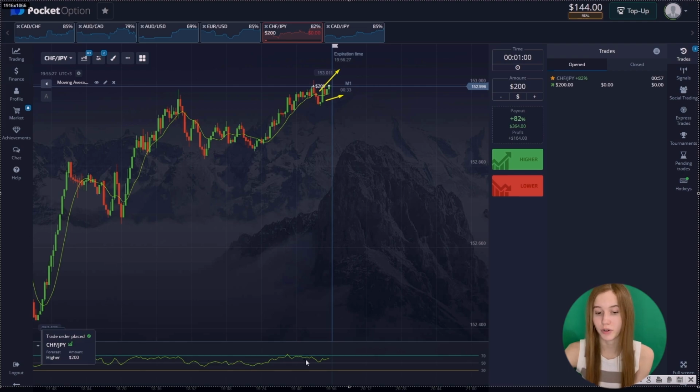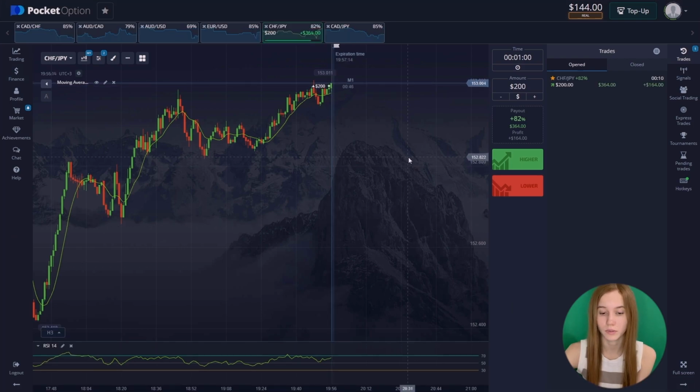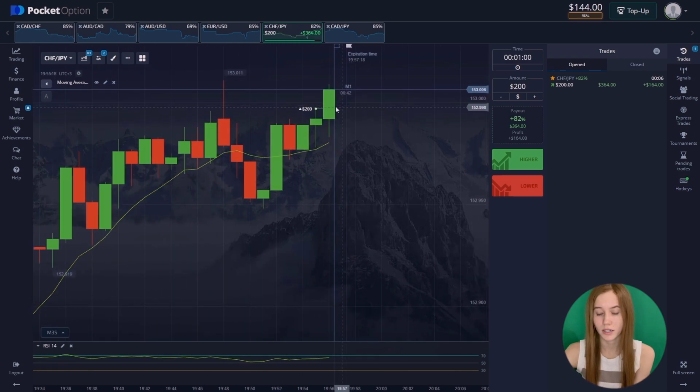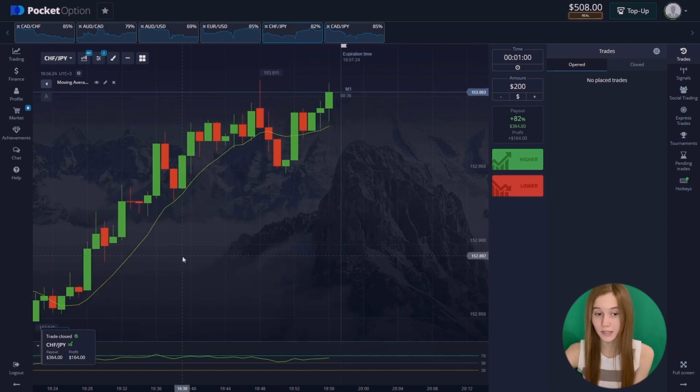Besides that, the same situation, we also have our line in the upper position, in the overbought zone. 9 seconds left until the end, and we are growing. 2 seconds, 1, yeah, excellent.